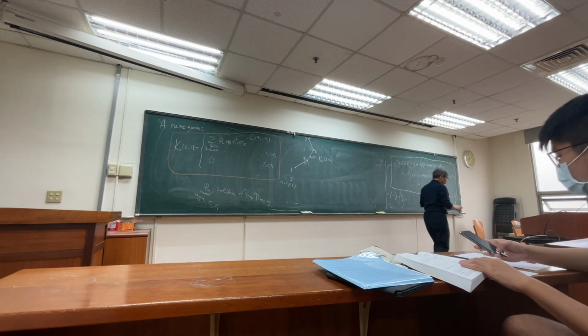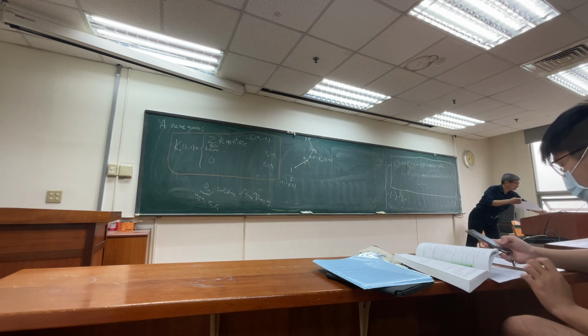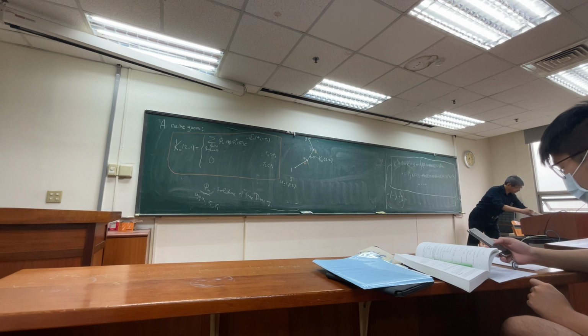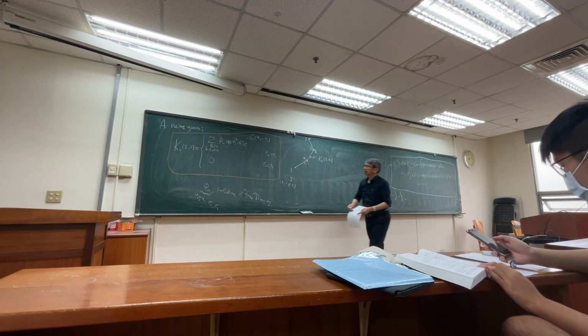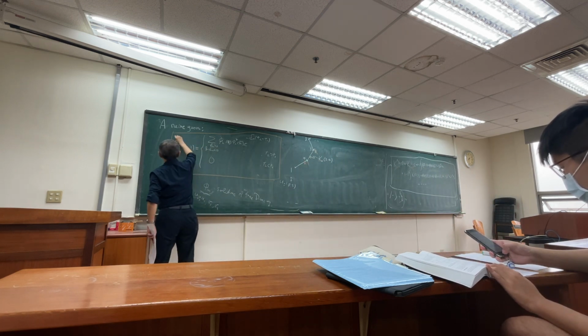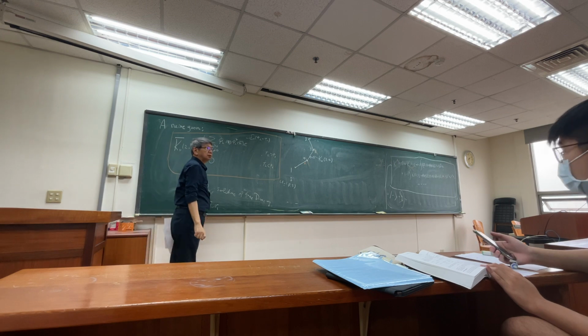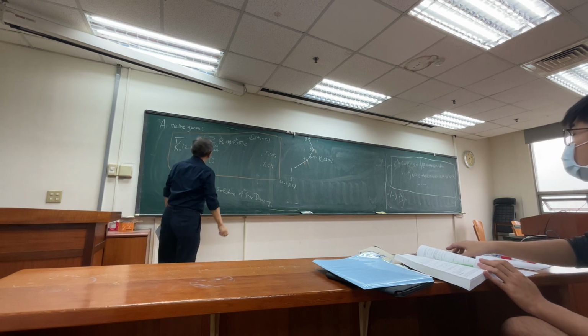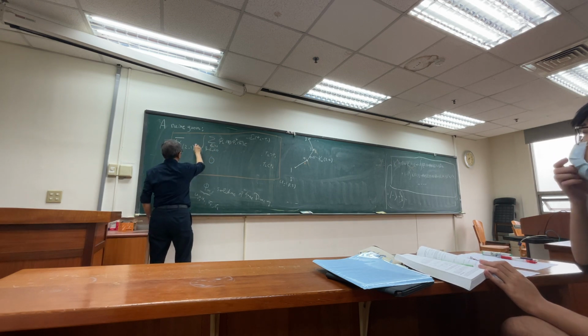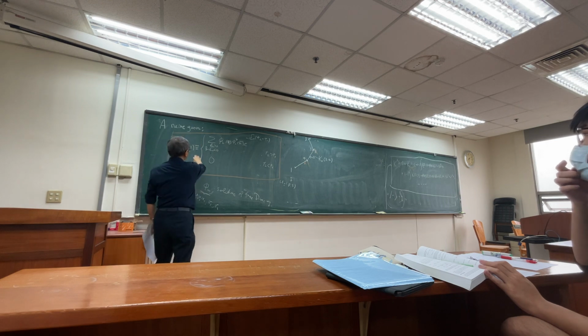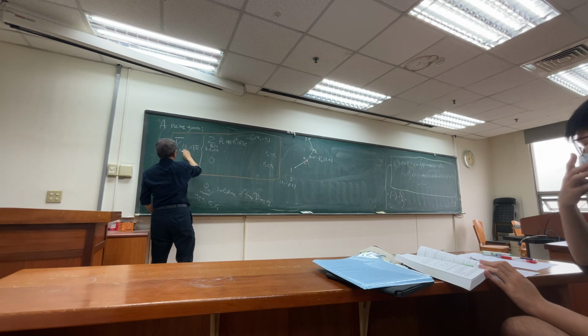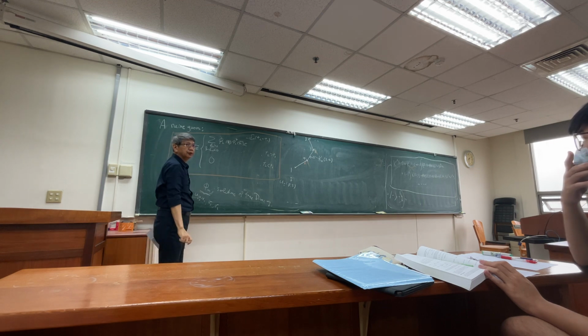So let me write it out. Let me write this as K0 bar. So this is the definition. A naive case would be K0 from 2 to 1 is equal to K0 bar, which is defined by this expression.